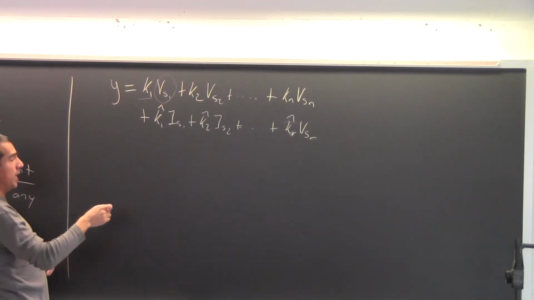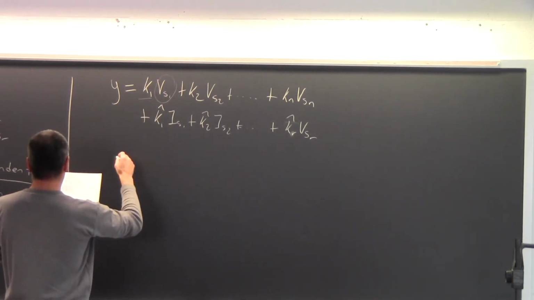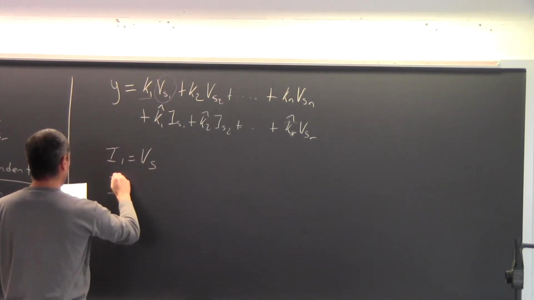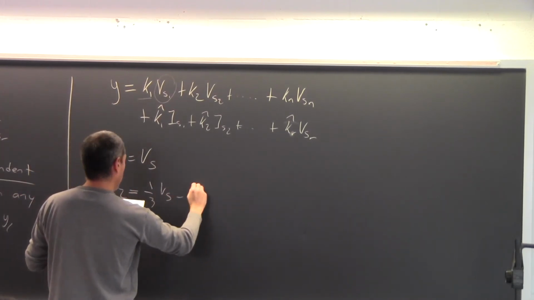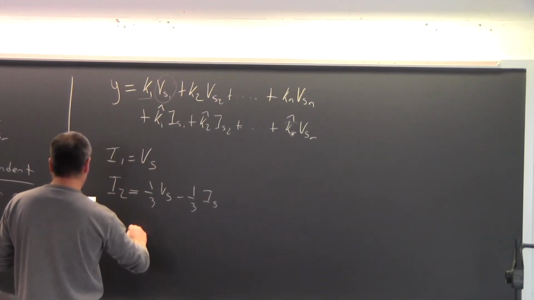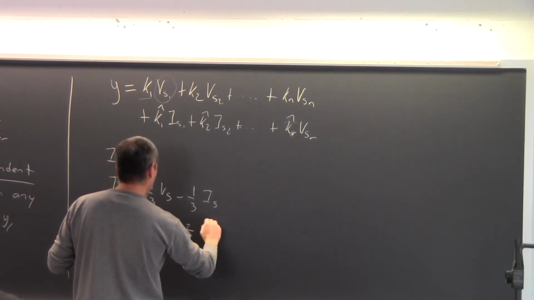If you look at the example that we had, we had I1 equal to is, I2 equal to 1/3 Vs minus 1/3 Is, and I3 equal to 1/3 Vs plus 2/3 Is.